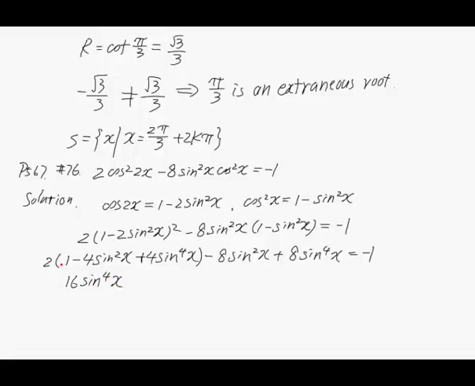And here we have 2 times -4 sine square x, you have -8 sine square x, and you have another -8 sine square x. So you add that, you get -16 sine square x. And for the constant, you have 2 times 1, you have 2, and then you move this -1 to the left side, you get positive 1. So 2 plus 1, you have 3.